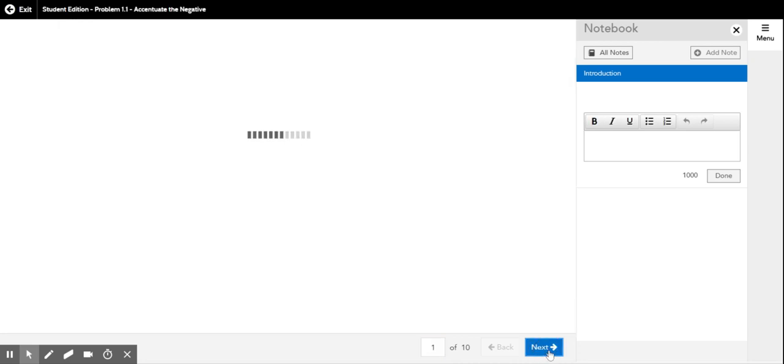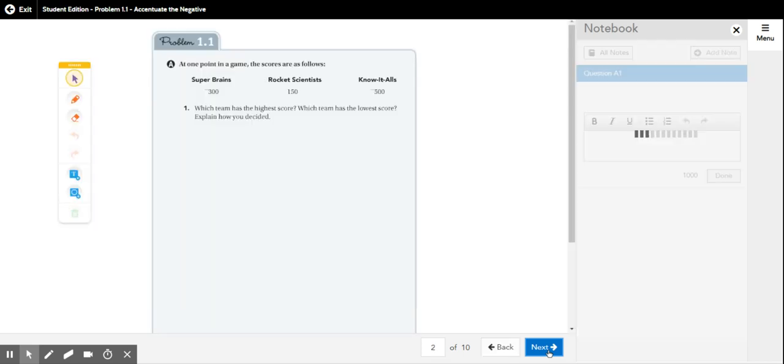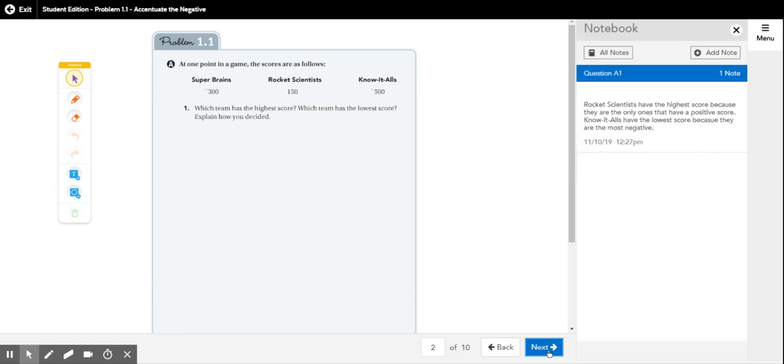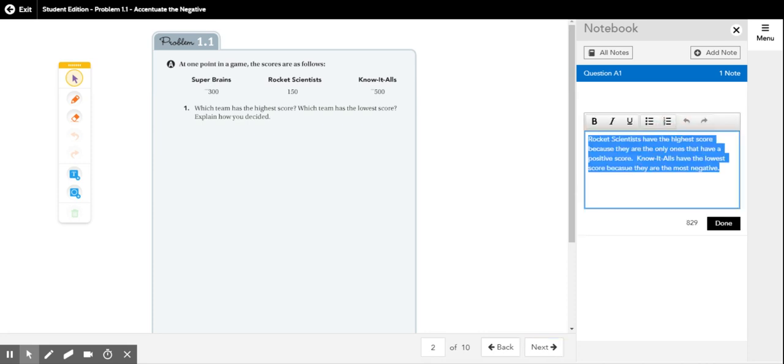And then we get asked our very first question. We are asked which team has the highest score and which team has the lowest score. Explain how you decided. So here I'm going to bring this explanation over.